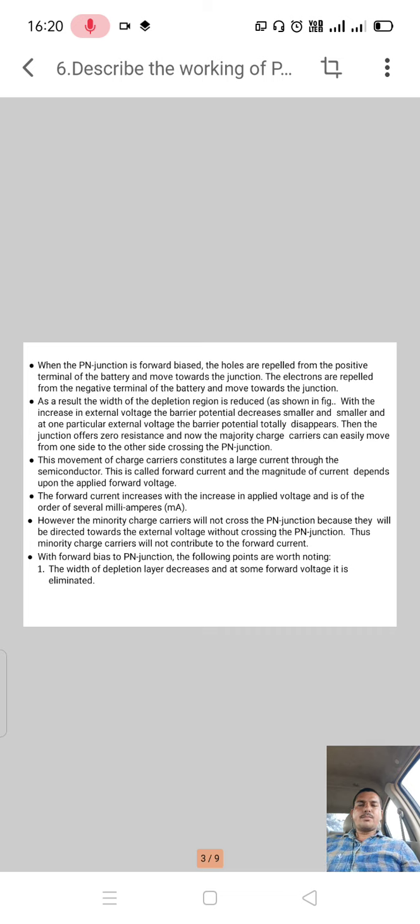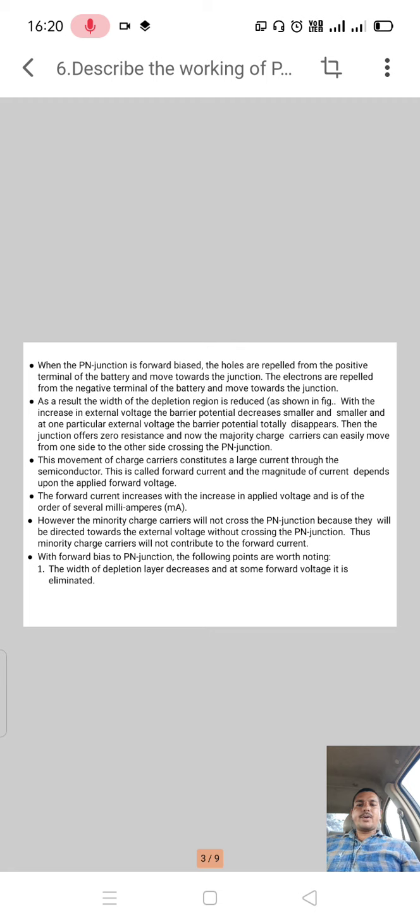So, due to the minority charge carriers, there is no current flow in the diode in forward bias.